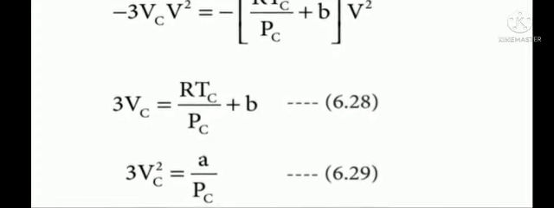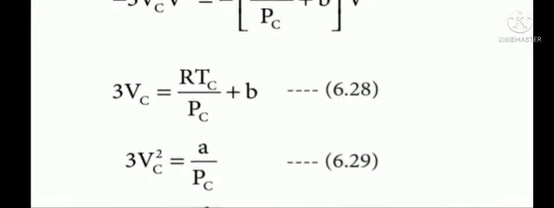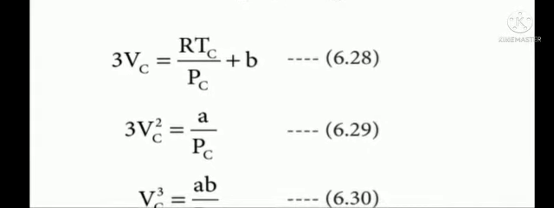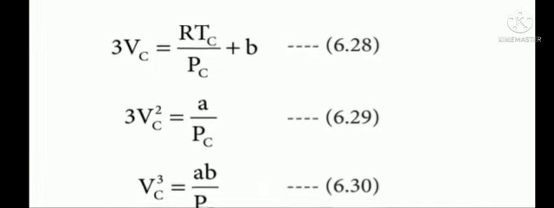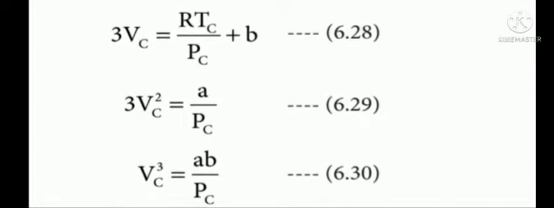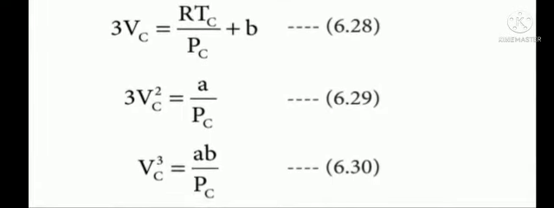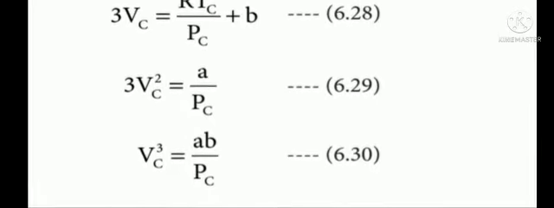If you equate the V terms, you will get equation 6.29, that is 3Vc² = a/Pc. Finally, equating the constant terms, you will get equation 6.30, that is Vc³ = ab/Pc.